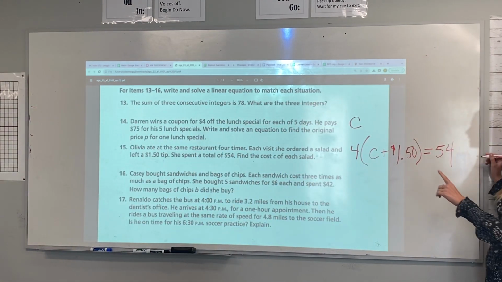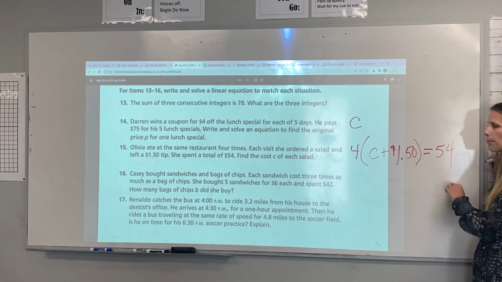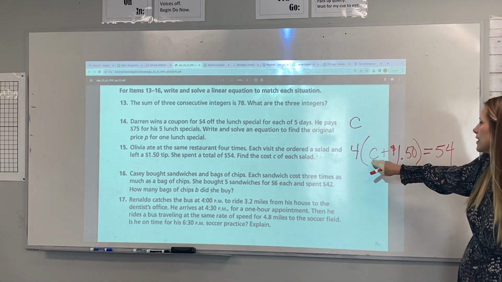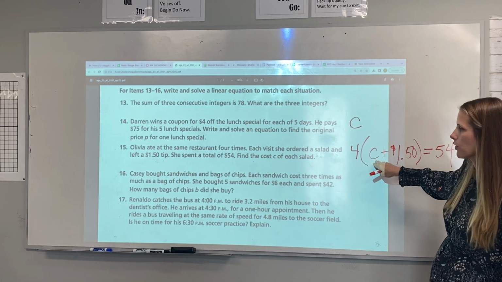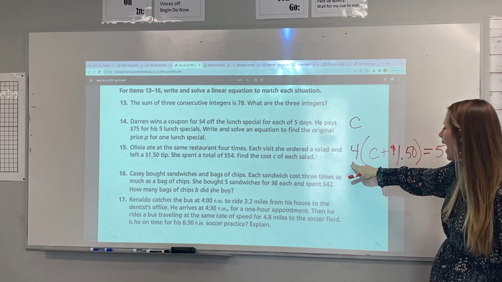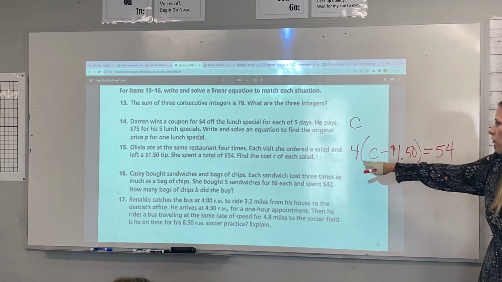So let's go over this again, guys. Emily and Adam, the total is $54 that she spent. She ordered a salad, C, for the cost of the salad, 4 times, and gave a $1.50 tip 4 times.